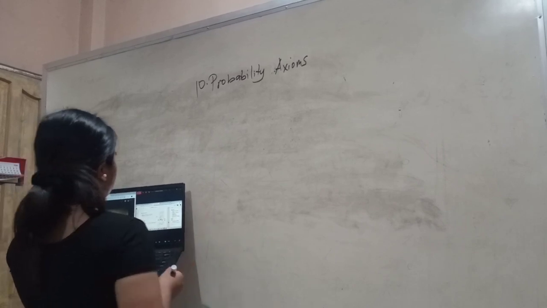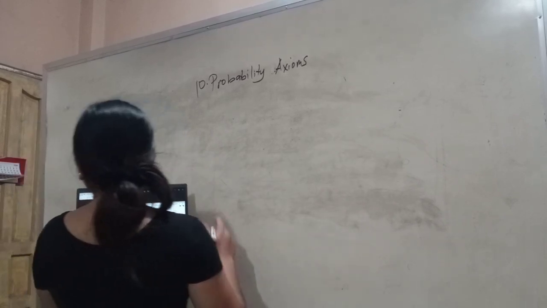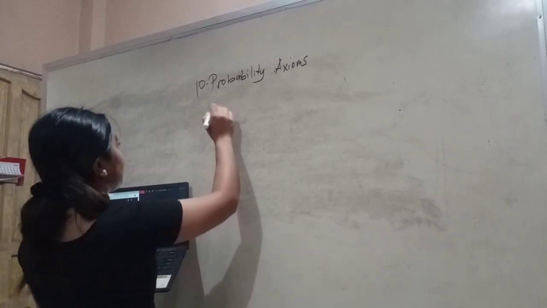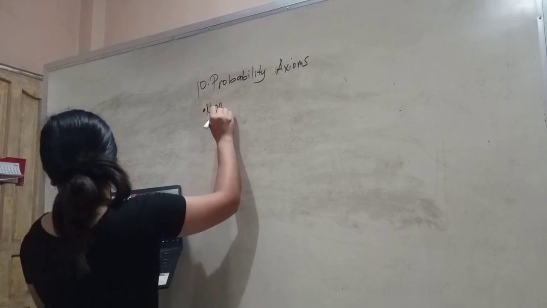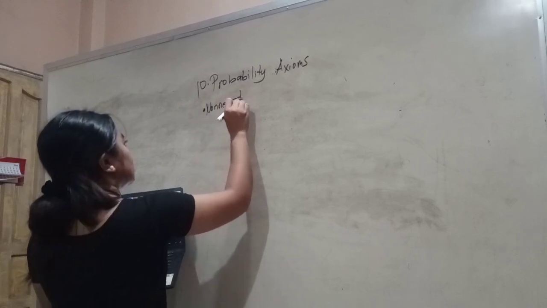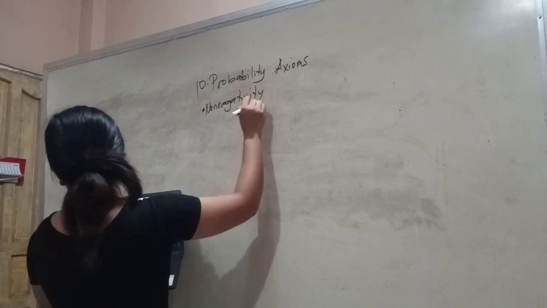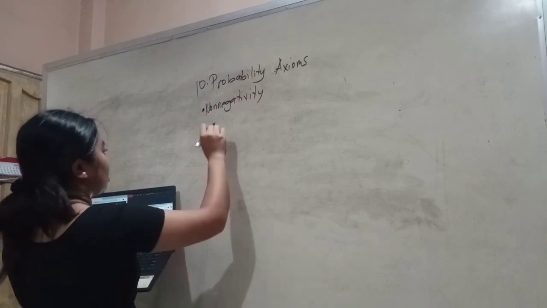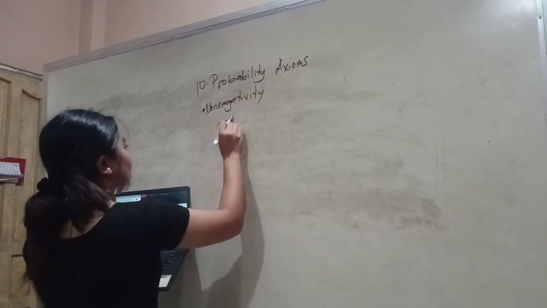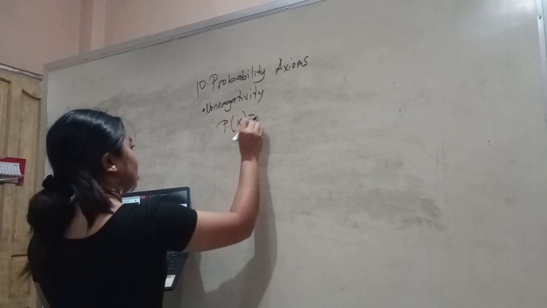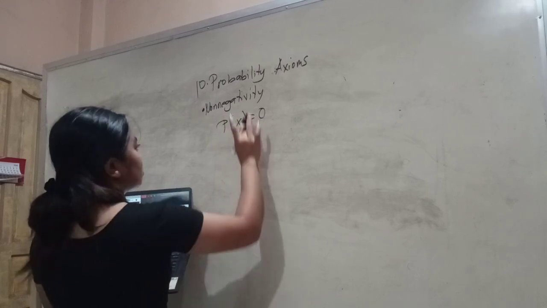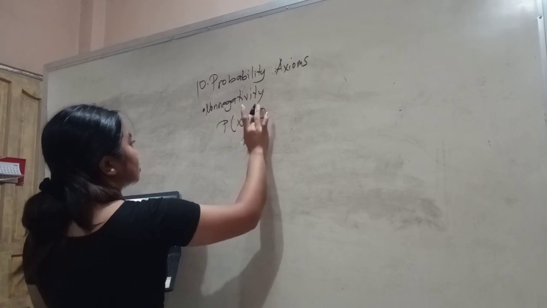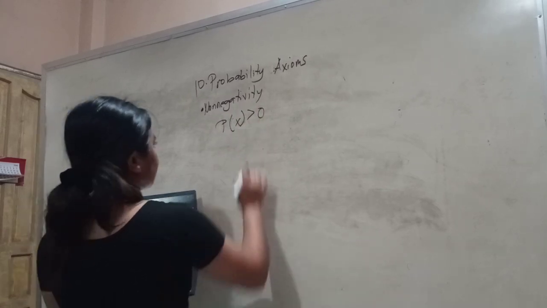These are the axioms of probability. Number 1, or axiom 1, is non-negativity. The formula is the probability of A is greater than or equal to 0.